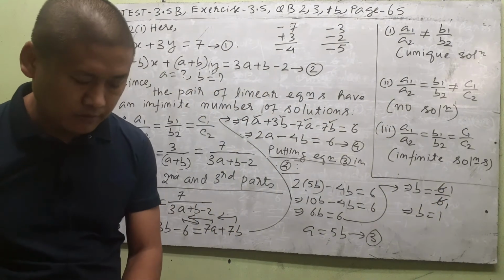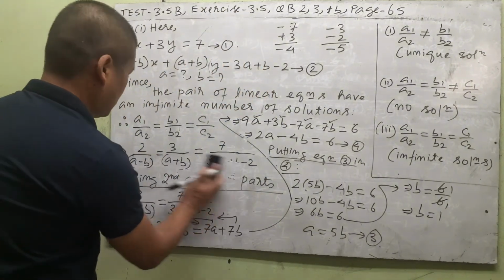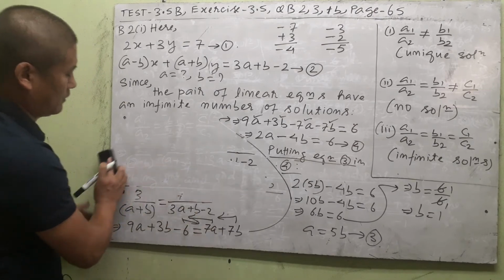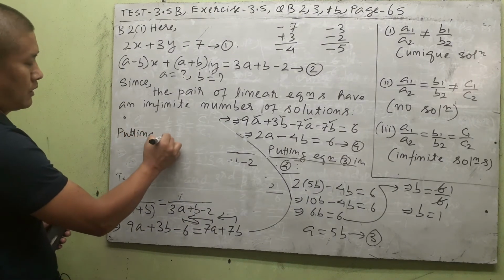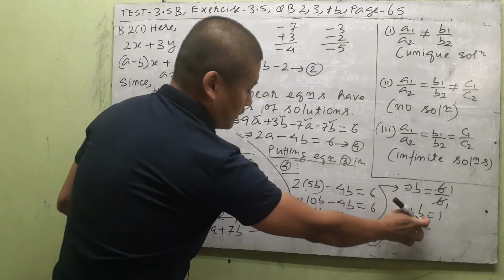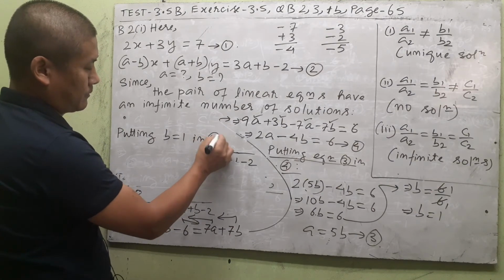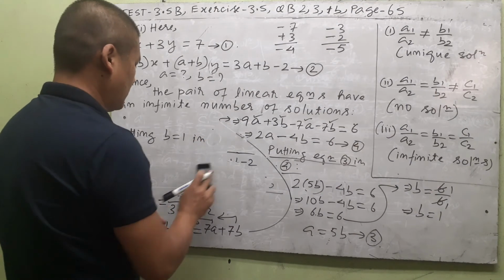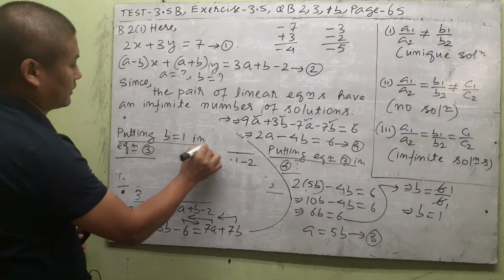We consider also b equal to 1. To find a, let's do it like this. To find the a, we put in what we just got, b equal to 1. Put that in equation 3, because 3 is perfectly arranged to find a.